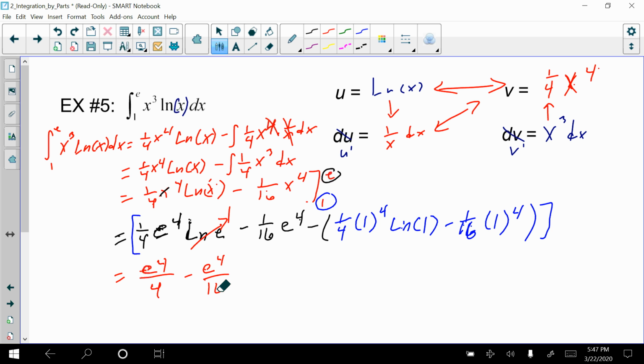So 1/4 times 1 to the 4th is just 1/4. Natural log of 1 in this case is just natural log of 1. We're not going to try and evaluate that for anything. Times natural log of 1. And 1/16 times 1 to the 4th would just be minus 1/16.